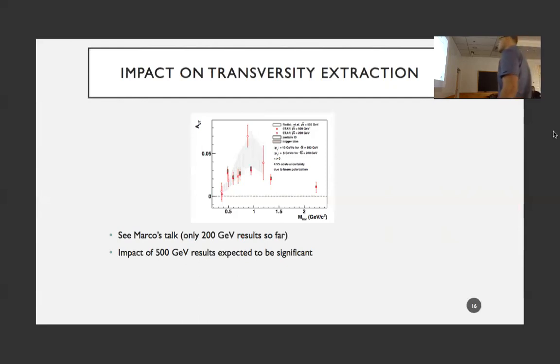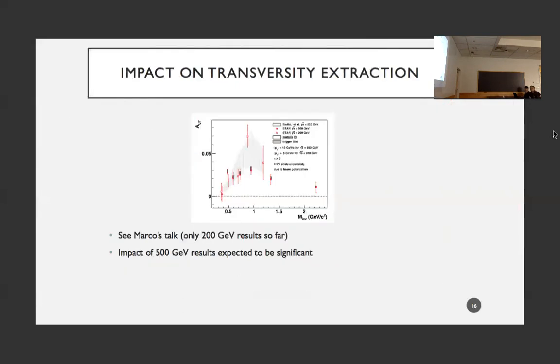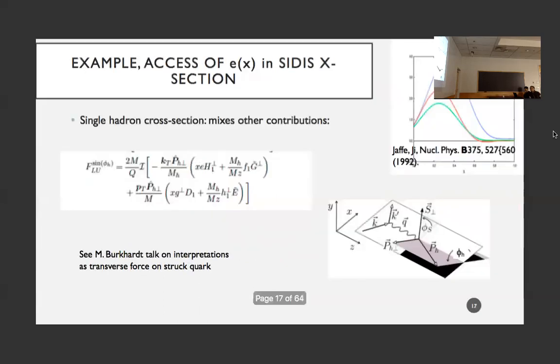So I put this plot in here to show what the impact of our more precise data is. And basically the uncertainty band of the theory goes kind of like this, which gives you an idea of what the impact of this data will be on the transversity extraction. Okay, so this is IFF as a collinear tool to extract transversities, in particular in PP.